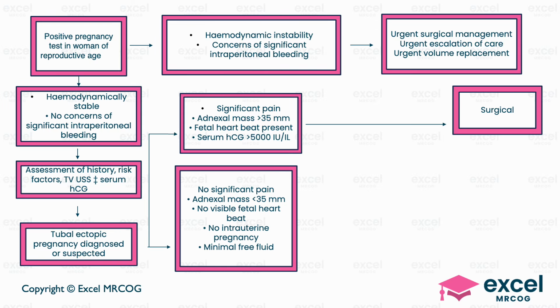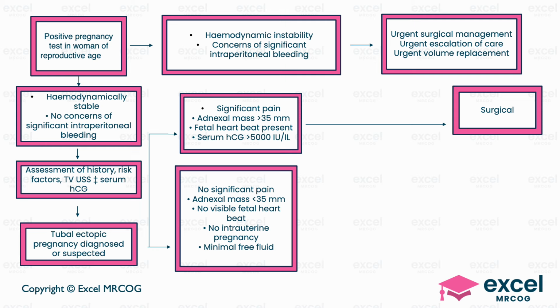On the other hand, if there is no significant pain and adnexal mass is less than 35 millimeter, there is no visible fetal heartbeat, no intrauterine pregnancy. One of the prerequisites for offering medical management is that we need to rule out an intrauterine pregnancy.